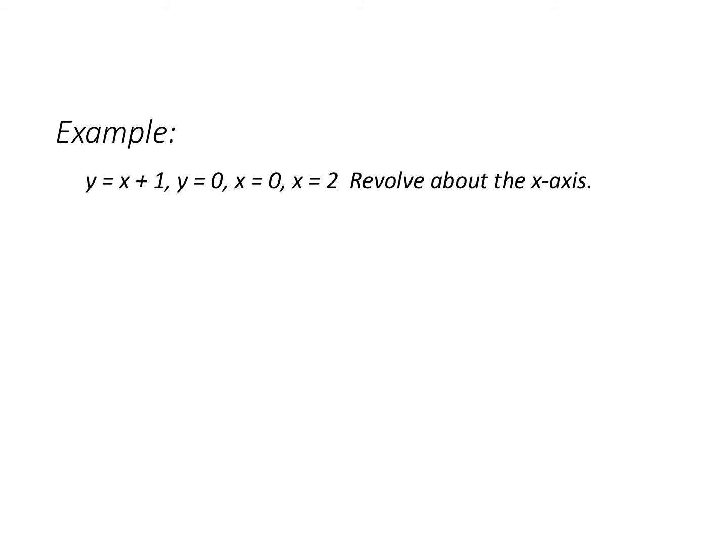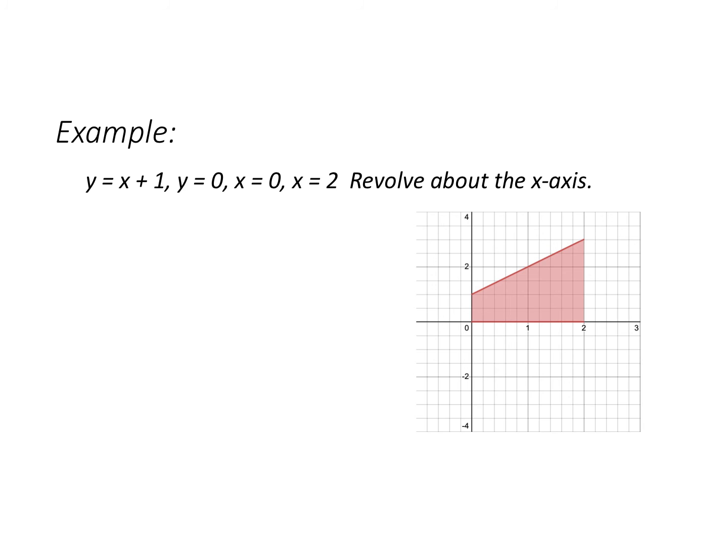So let's look at another example. In this case, y is equal to x plus 1, y is equal to 0, x is equal to 0, x is equal to 2. So this is the region that we want, and we want to revolve that region about the x-axis. So first of all, what does that region look like?